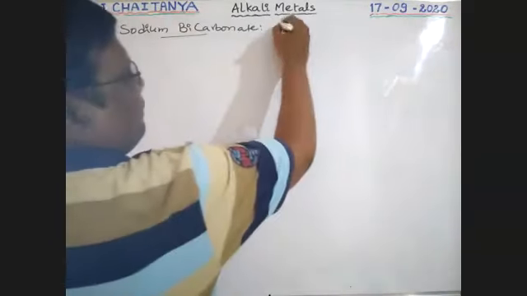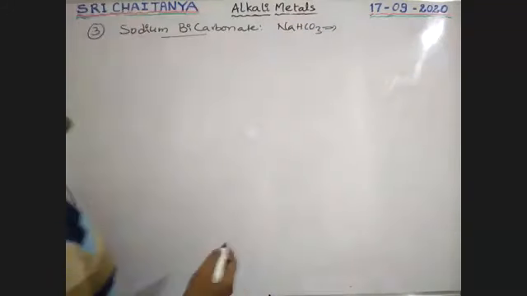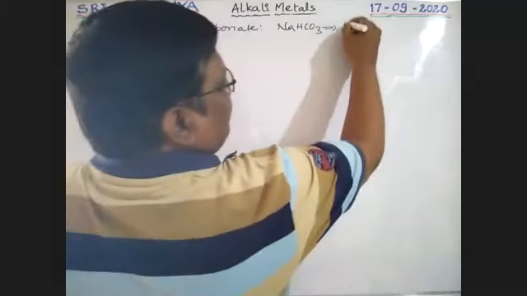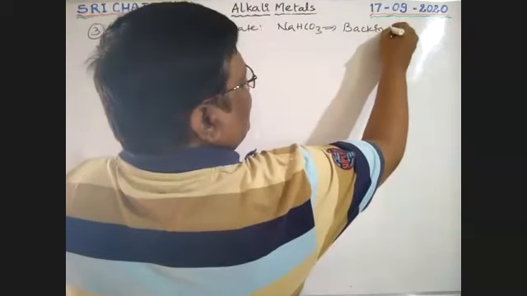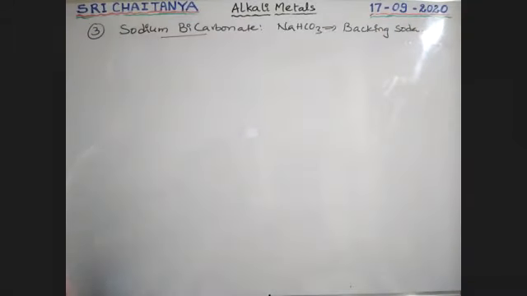Its formula is NaHCO3, which is used as baking soda. It is used for cooking purposes. This is baking soda.